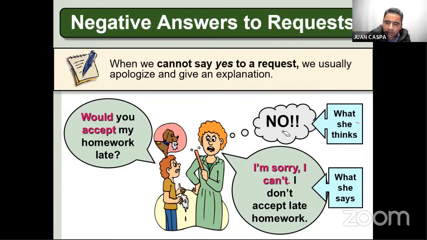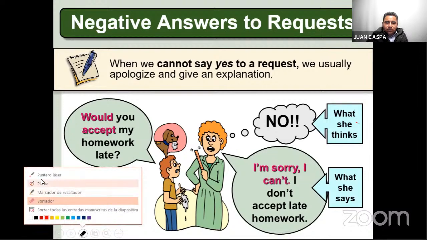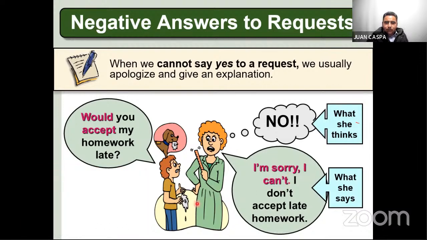I don't accept late homework. Lo siento, no puedo, no acepto tareas tardías, ¿no? O tareas que sean muy atrasadas, tareas atrasadas. Okay, yes. She has to explain. It's important. But we start with I'm sorry, always. Es lo más polite que hay, ¿no? Lo siento. No puedo.